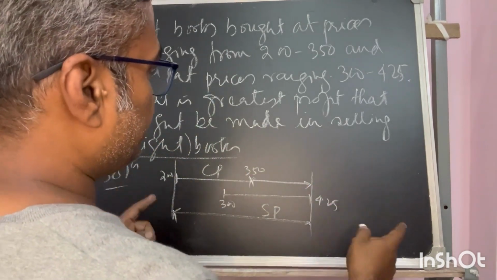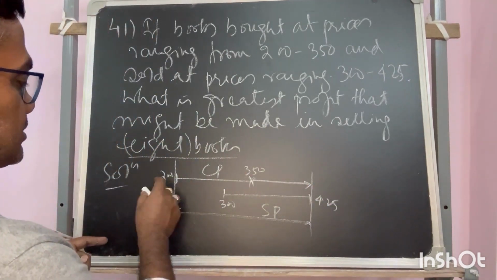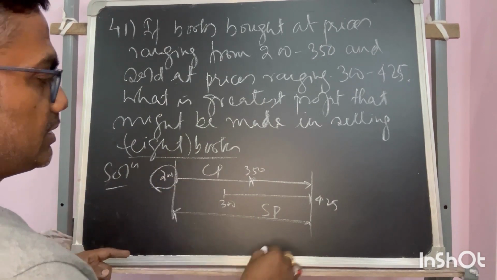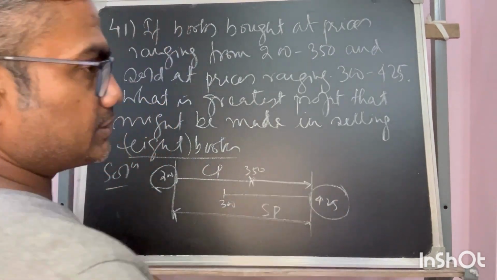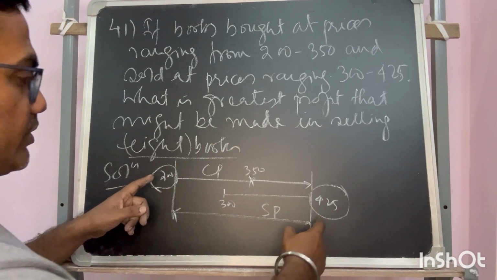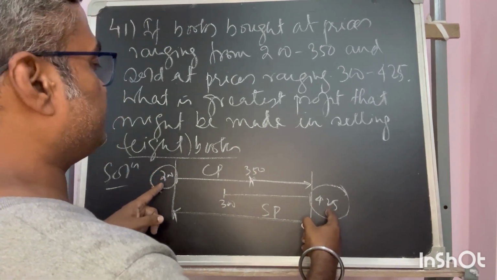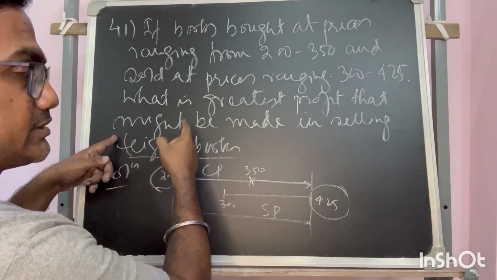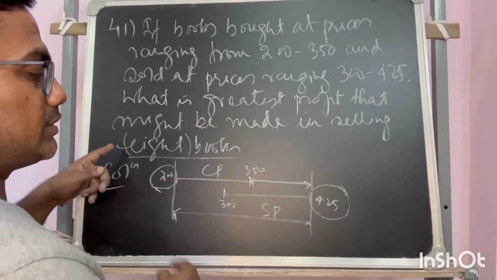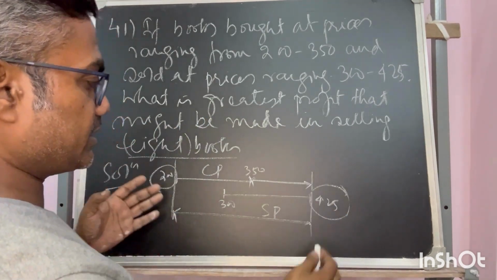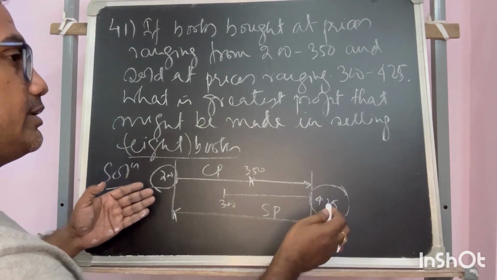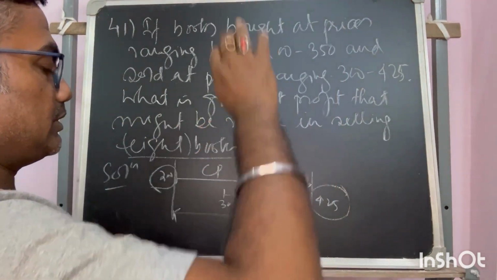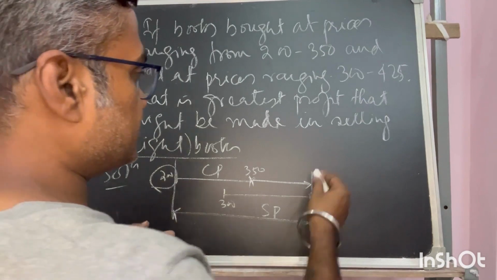I can maximize my profit if I purchase at the minimum price and sell at the maximum price. And if some kind of book gives the maximum, why should I not sell the same book, 8 numbers, at the maximum price, because that is the only possibility where I get the maximum profit. So that is the answer.